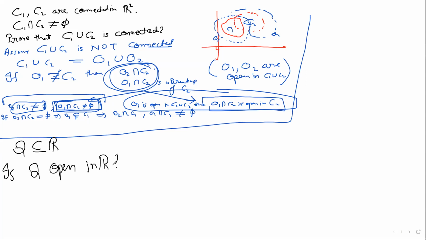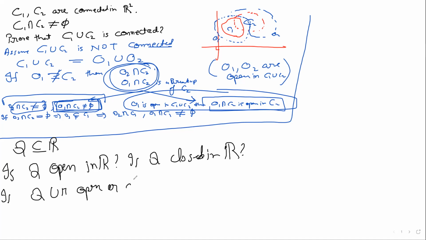So don't answer this question now. Just think about them, write them clearly whenever you're answering them. Is Q closed in R? Is Q union pi open or closed in R?